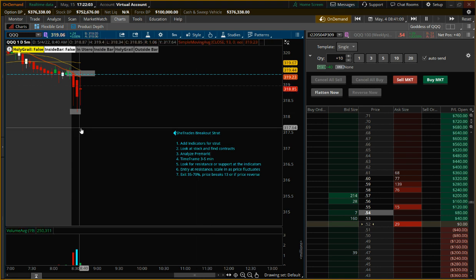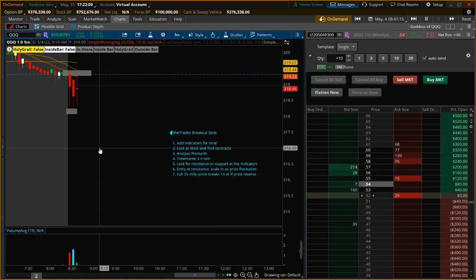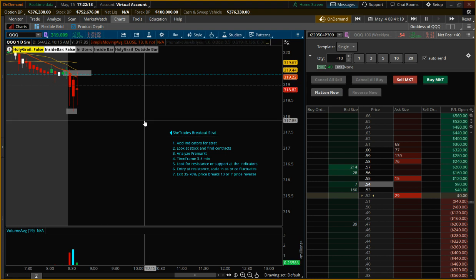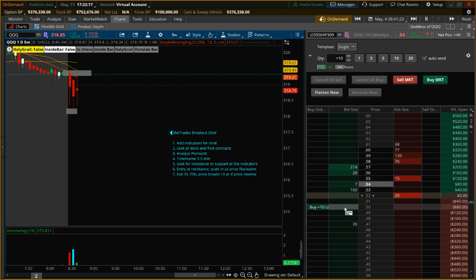And most say wait 15 minutes before you get into the market in the morning. It's up to you when you wait. It's up to you when you get in. I just find in the morning sometimes you get cheaper prices.